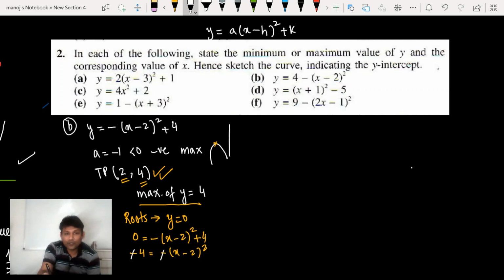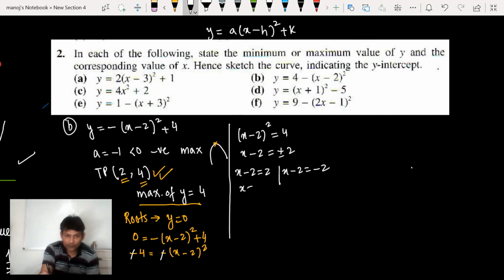Now what you have is (x minus 2) whole squared equals 4, and when you remove the square, this becomes the square root of 4, which means plus or minus 2. So x equals 2 plus 2, which is 4, and x equals 2 minus 2, which is 0. So you have two roots, (4, 0) and (0, 0).